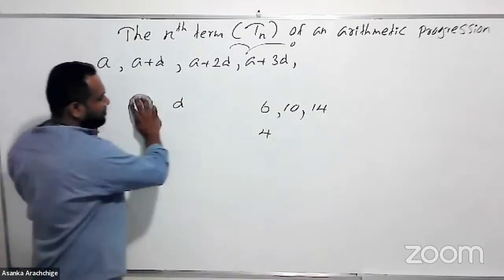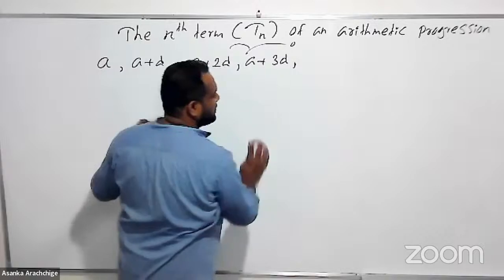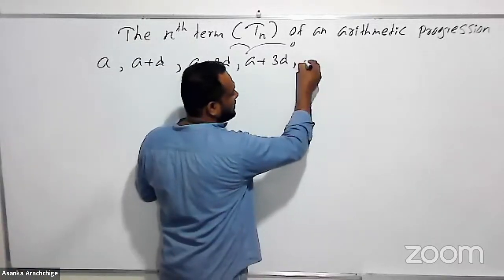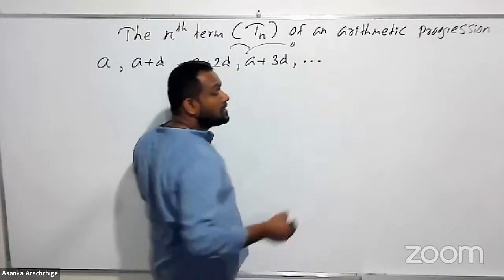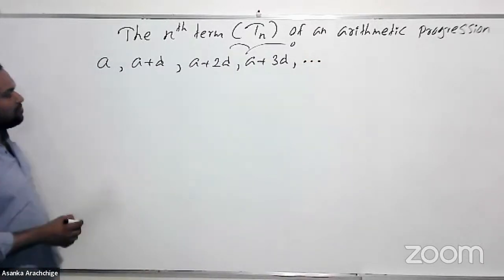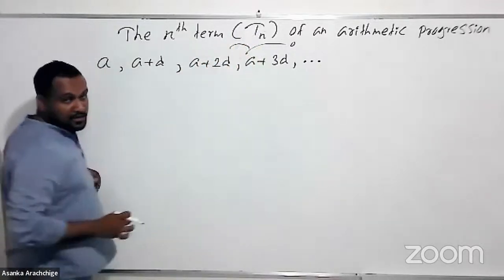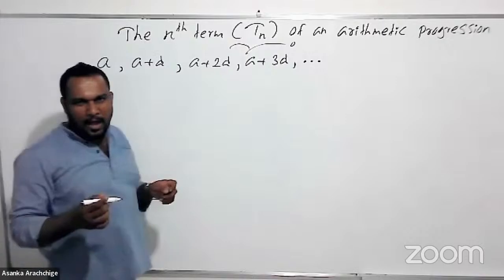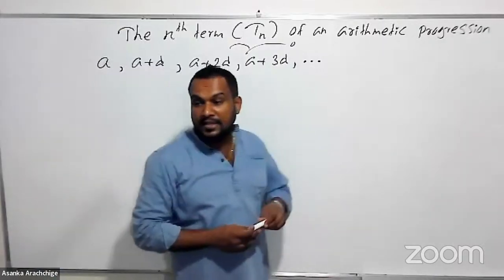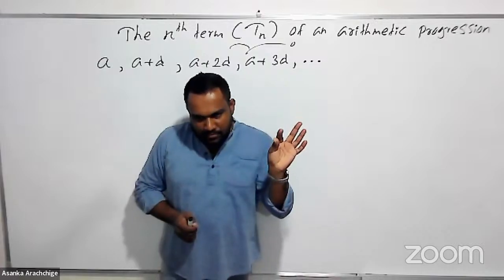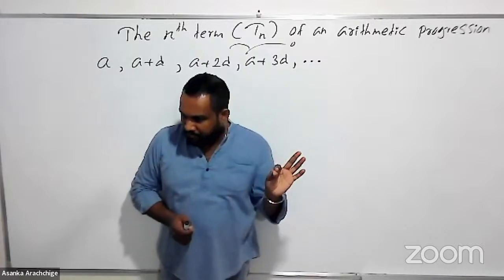Okay. Then we are going to find a formula for the nth term. Here, Tn for the nth term, T for term. By capital T we mean the term.